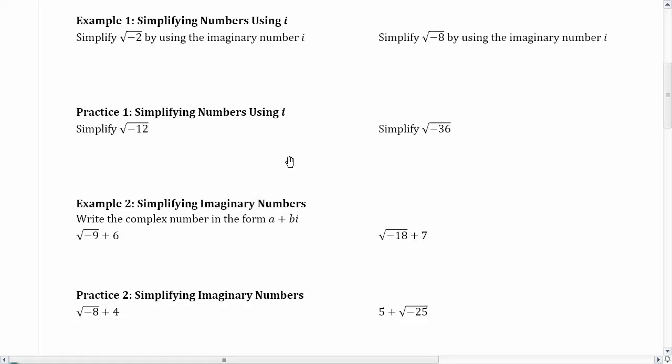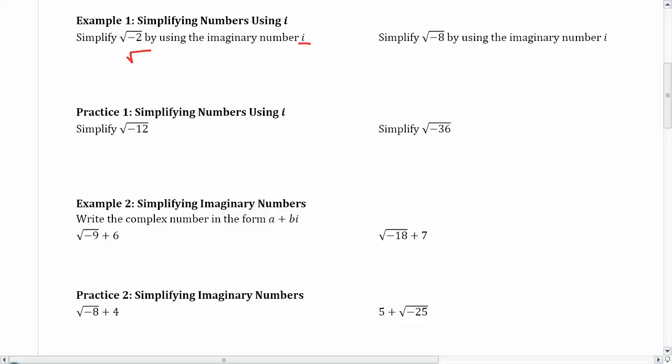Simplify numbers using i. This is going to be a review of what i is and also a review of simplifying square roots in general. So starting off, simplify the square root of -2 by using the imaginary number i. Looking at the square root of -2, we see that negative there.